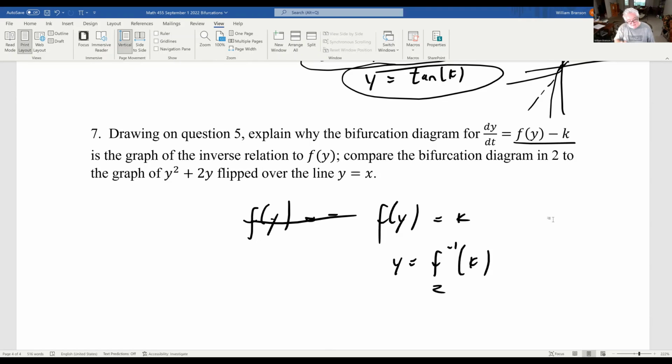If you have a function, that's fine. Sometimes you don't have a function. That's why we technically call it an inverse relation. Quadratics don't have inverse functions, but you can take a graph of a function and flip it over the line y equals x, and that gives you the inverse relation. So that is some stuff about bifurcation diagrams.